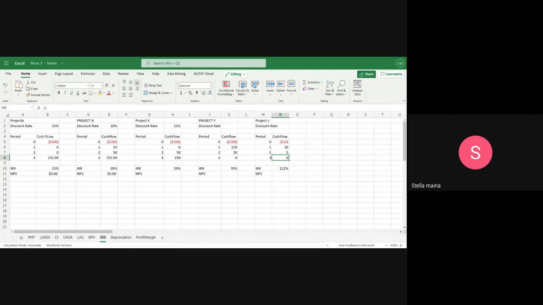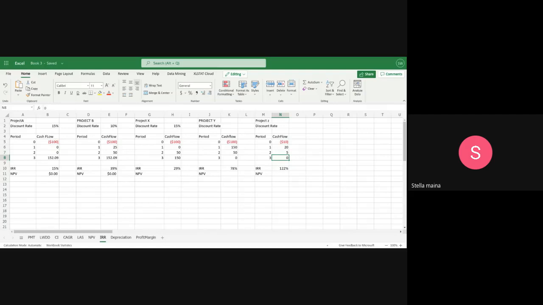So it basically says you should accept that project. And then we also noted that if you have two projects which you're comparing, the one which has a higher IRR is a better investment, with our case being 78 and 29. So we are advised to pick project Y in comparison to project X.